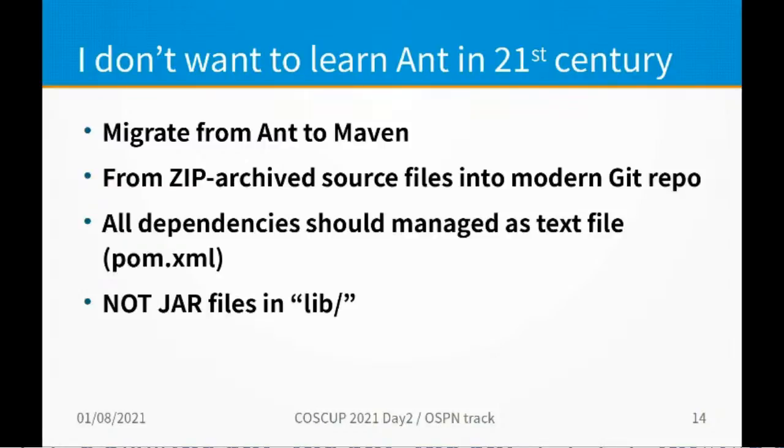And all dependencies should be managed as a text file in Maven's pom.xml. In Ant, the dependencies are jar files, so this is not a modern way. We have to switch so that dependencies are managed as text.